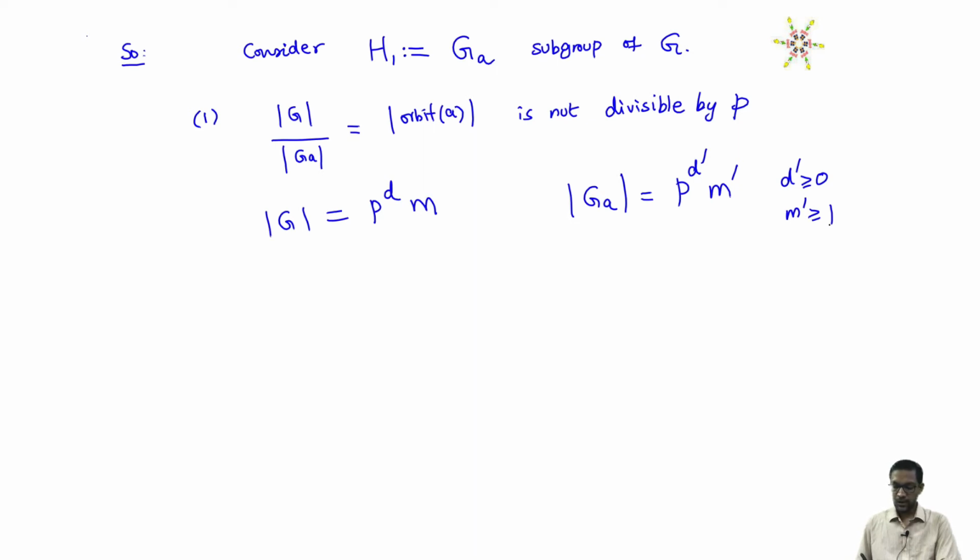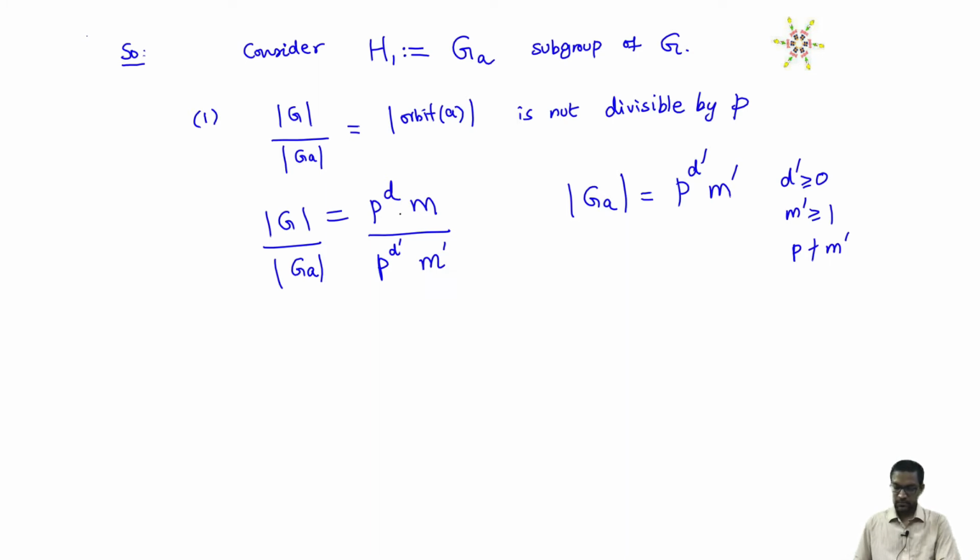Now let's divide cardinality of G by cardinality of GA. Observe, any natural number can always be written in this form, as P to some power times some natural number, uniquely, where P doesn't divide M prime.